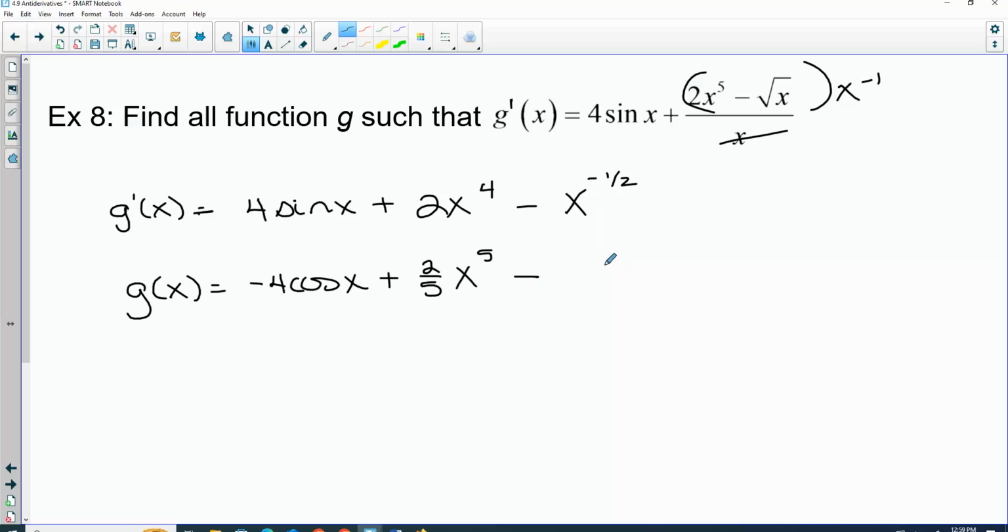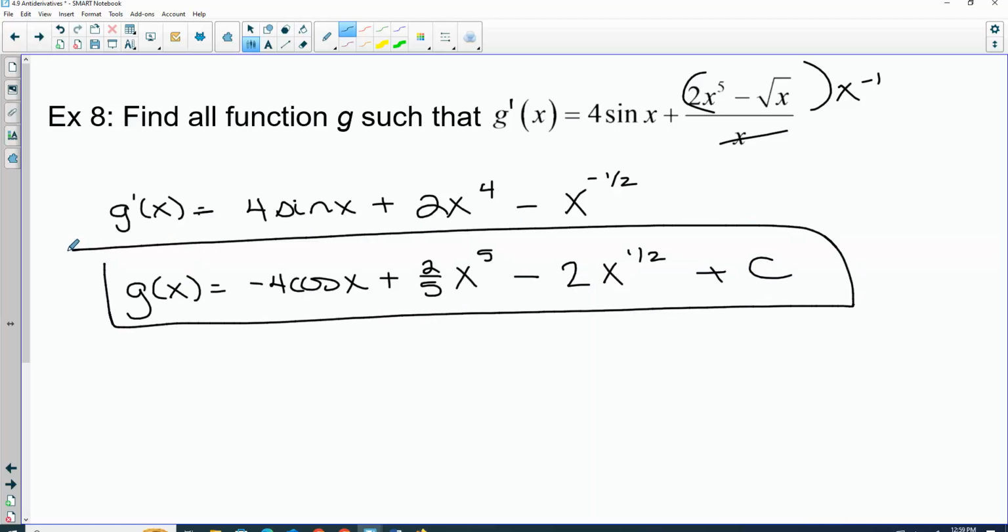Add 1 to the power, negative 1/2 plus 1 is 1/2. So what do we need in front? 2. Plus C. It looked scary, but it was really okay. Good. So that 4 that stays out in front, it just lives there. And that 2/5 is from bringing the exponent up by 1. So that's x to the 5th, which puts a 1/5 in front, times the 2 that was already there.